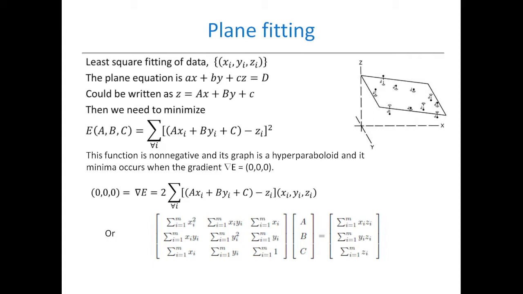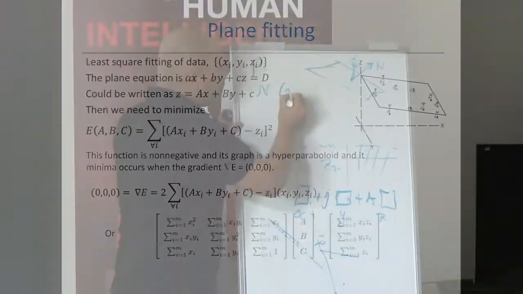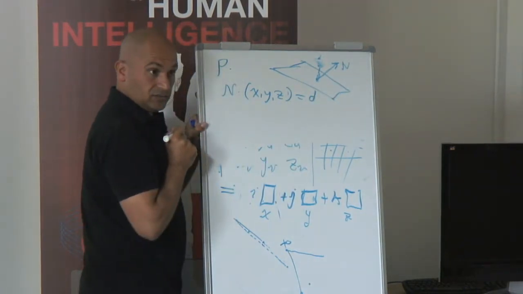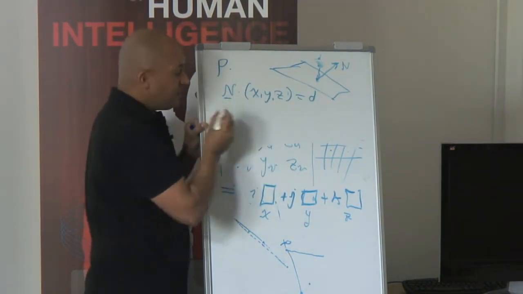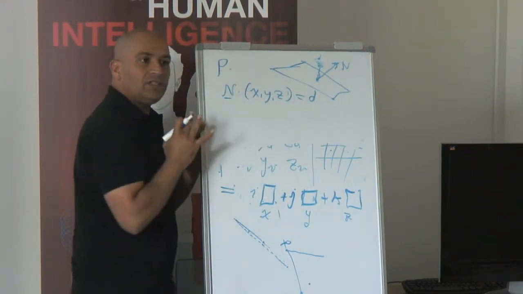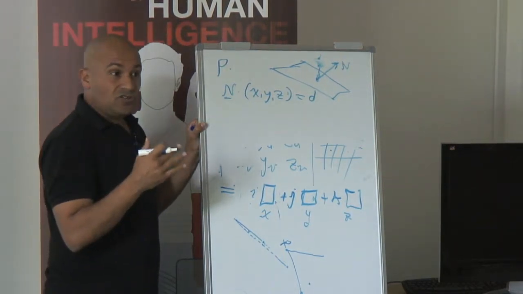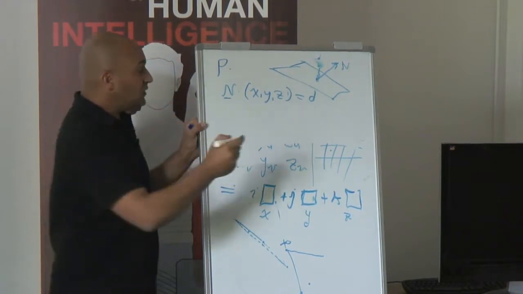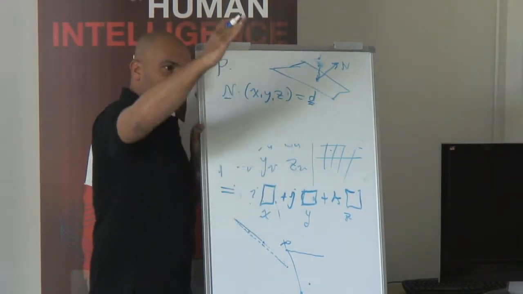If we have a plane P, this is its normal n. Often we can write the equation as n dot (x, y, z) equals d. So this is the normal, this is the generic (x, y, z), and this is the d. The normal determines the whole information about the plane except the shift up and down. So the d will determine its position.